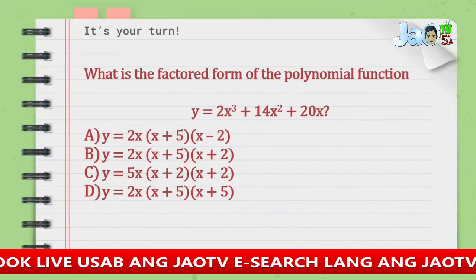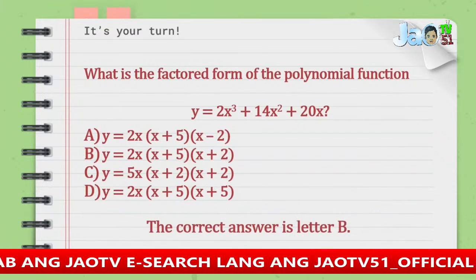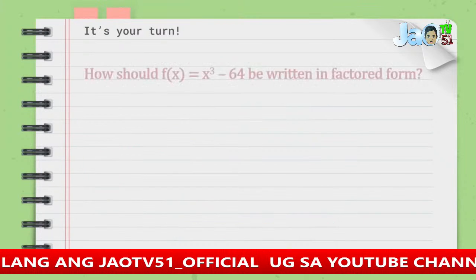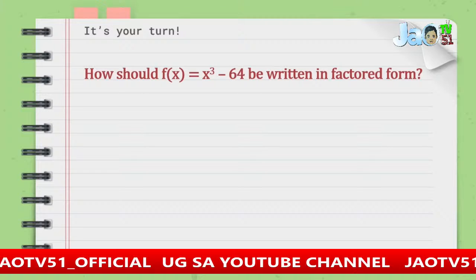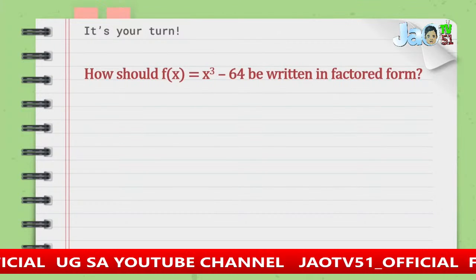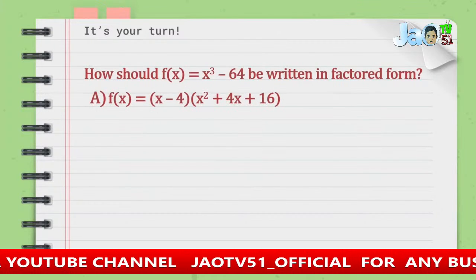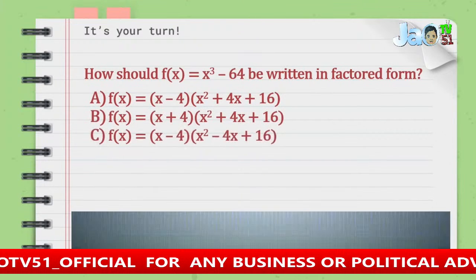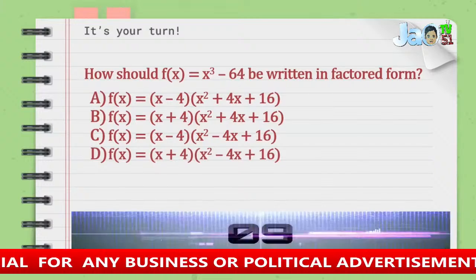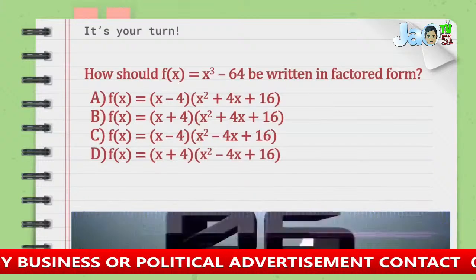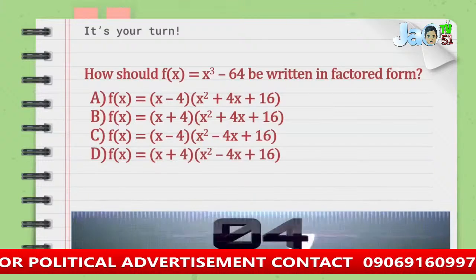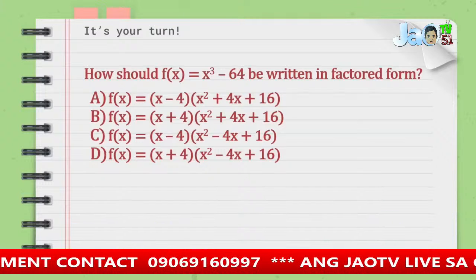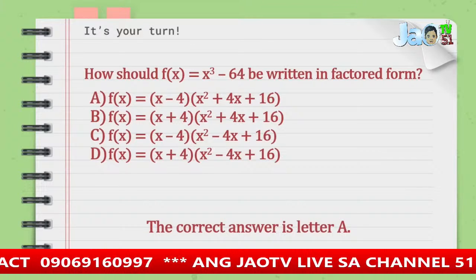The correct answer is letter D. How should f of x equals x cubed minus 64 be written in factored form? The correct answer is letter A.